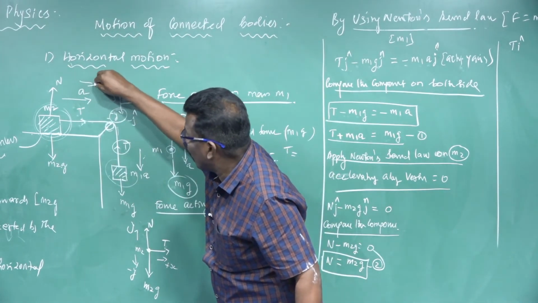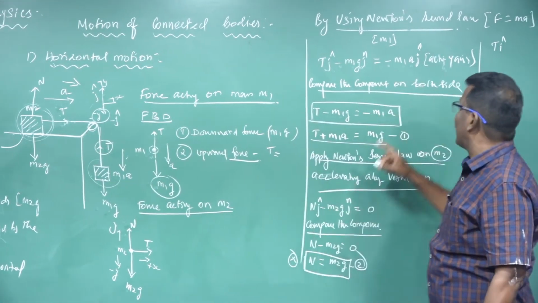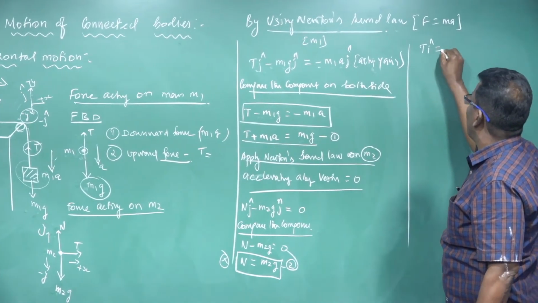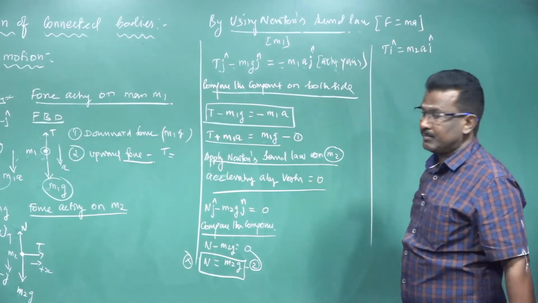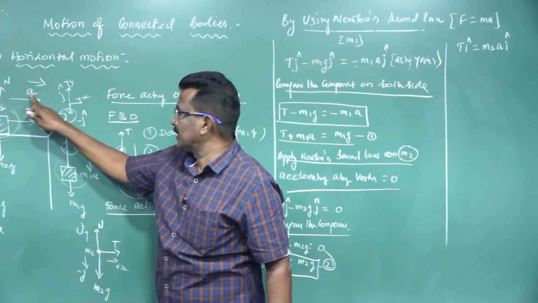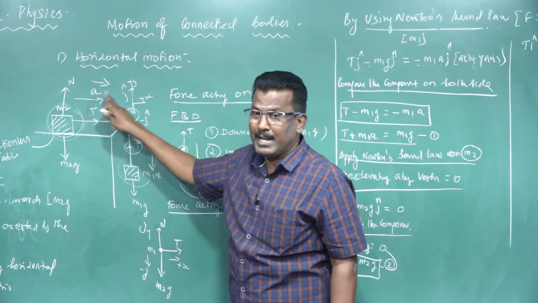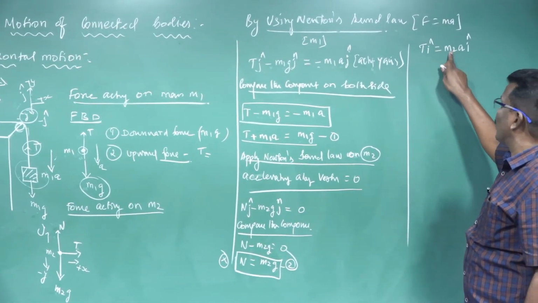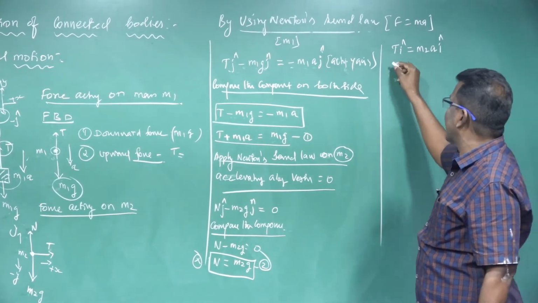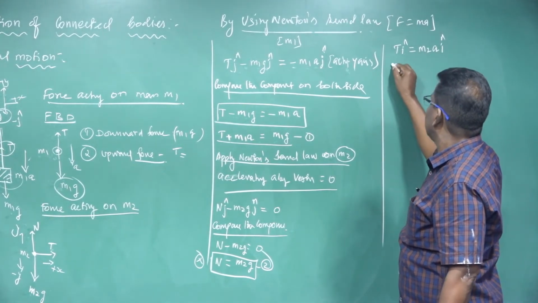The acceleration is also along the positive x-axis. So the tension T i cap is equal to M2a i cap, the force F equal to ma. By applying Newton's second law, once again the force T i cap is equal to M2a i cap. Once again compare the components.